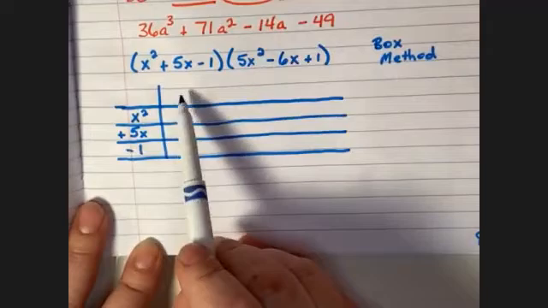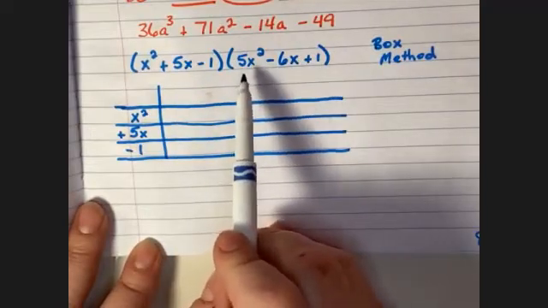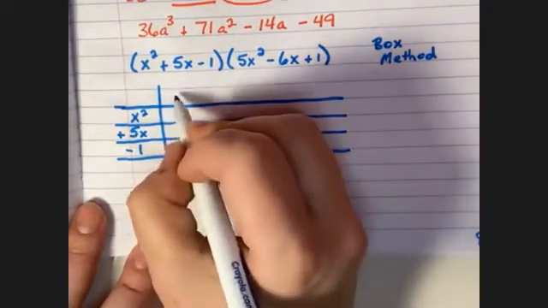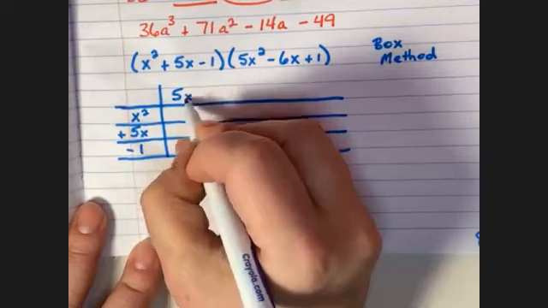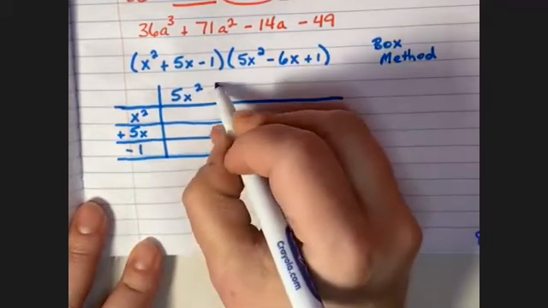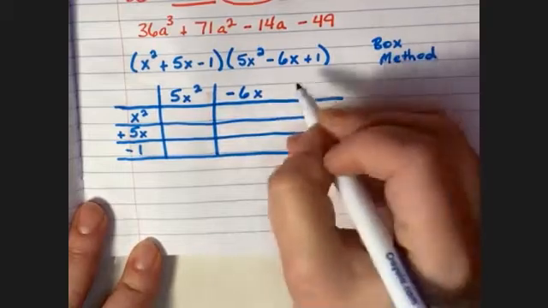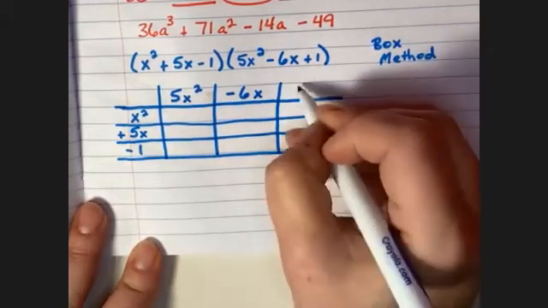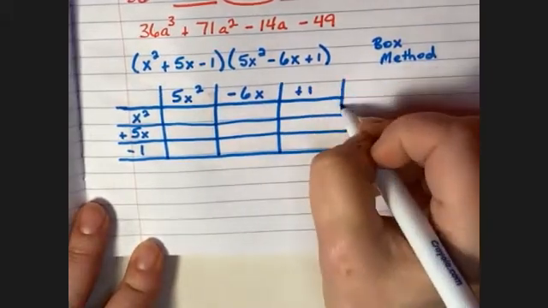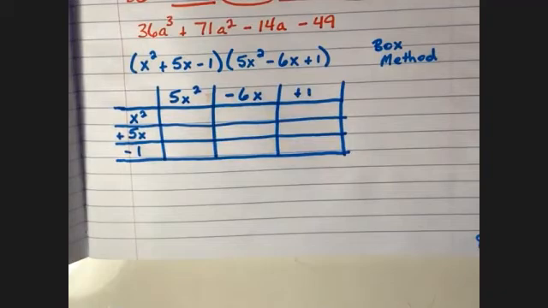And then going across the top is going to be my second polynomial. So I have 5x squared minus 6x plus 1. And my box is a little long, but that's okay.